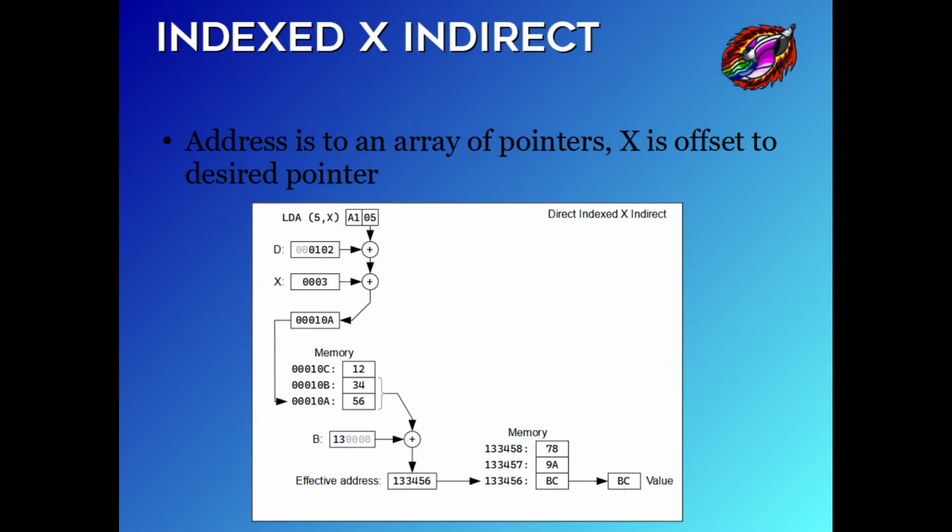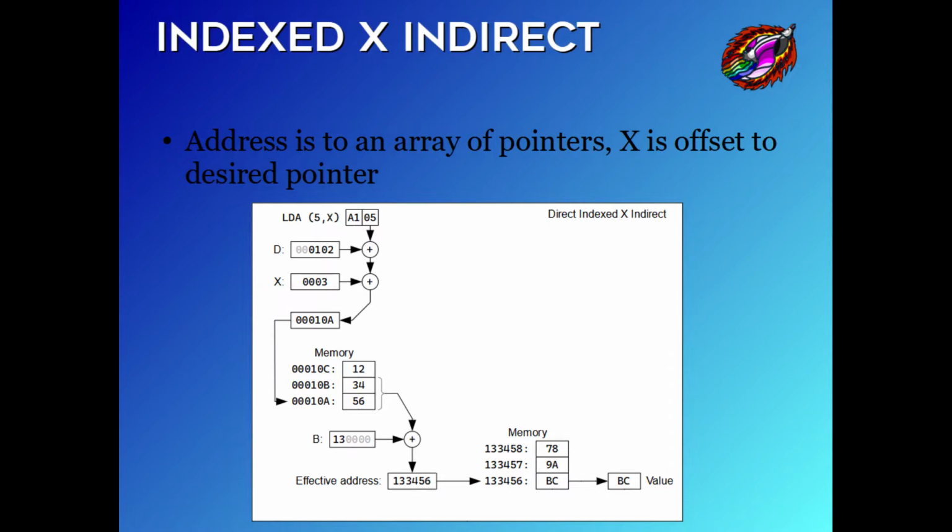That gets us, in this case, 13. And so our final effective address is 133456. So 3456 is coming from the direct page pointer, and then 13 is coming from the current data bank register. So we look in 133456, and what's contained there is BC, and that's what we load into the accumulator.